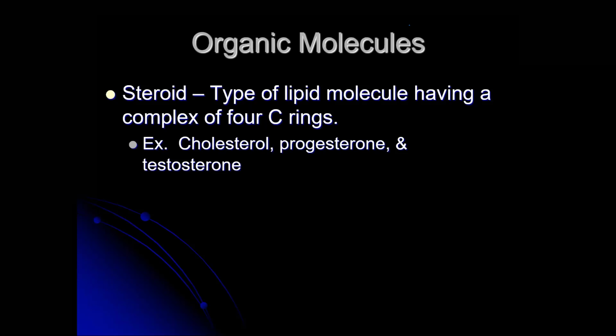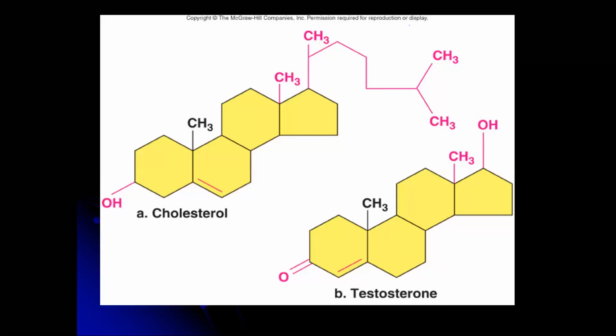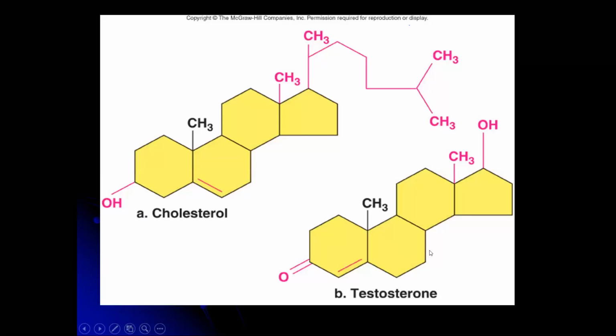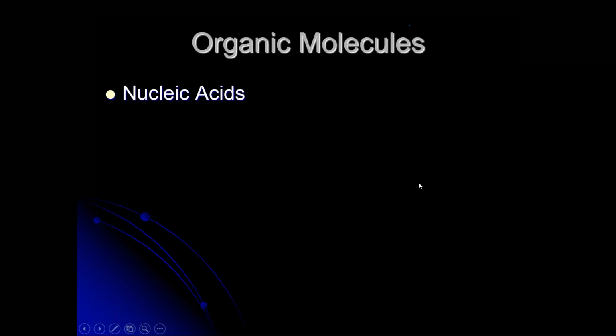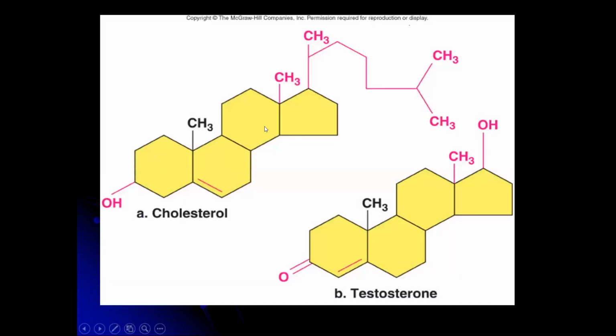So there are your pictures, diagrams of those. You can kind of see how they're related. They have the same base ring structure. That base ring structure is your steroid structure. Cholesterol, testosterone. I don't think I've got a progesterone picture of it, but it's going to have that same base steroid structure.